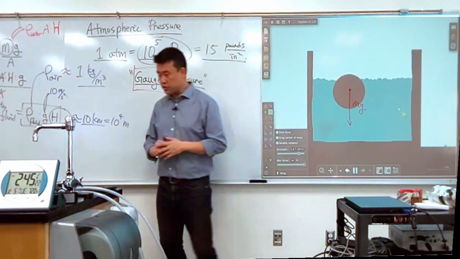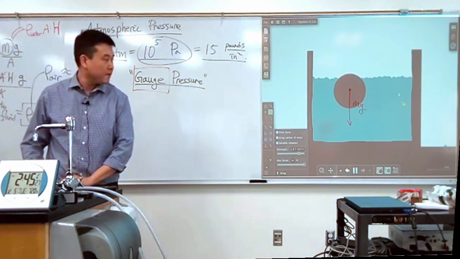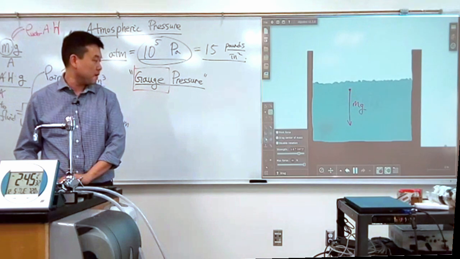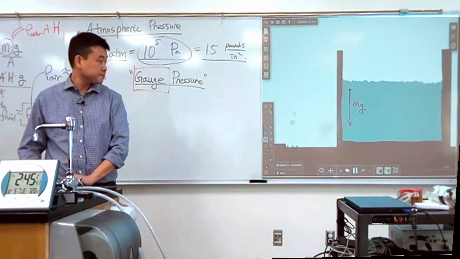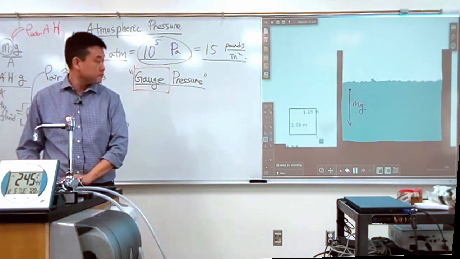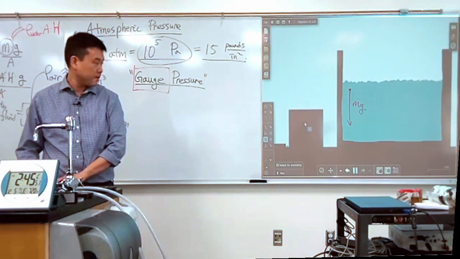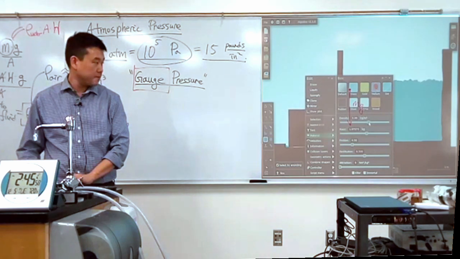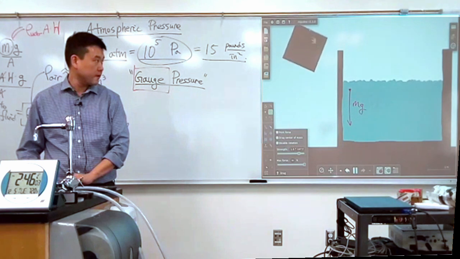It's a little bit easier to visualize if we are dealing with another shape, which is, I guess, more natural. Let me make this into a little square, so it's easier to visualize what might be exerting the force. So let's say I have a little square or something that's close enough to a square. I'm going to give it the same density as before, about 0.9. Let me put it in water again, like the other one.